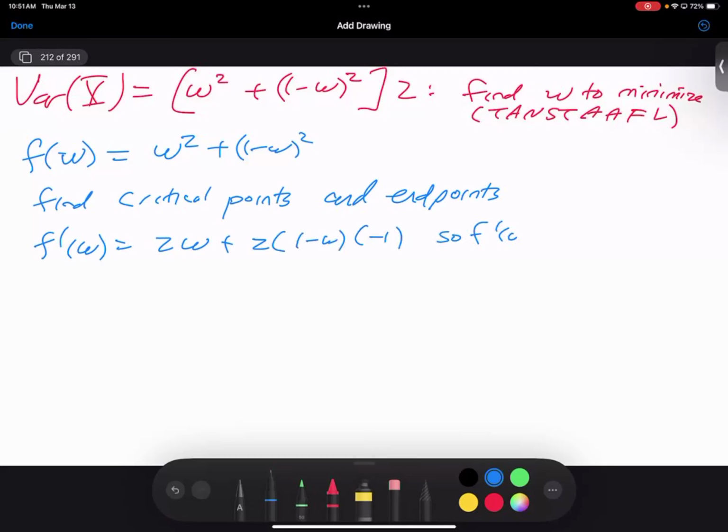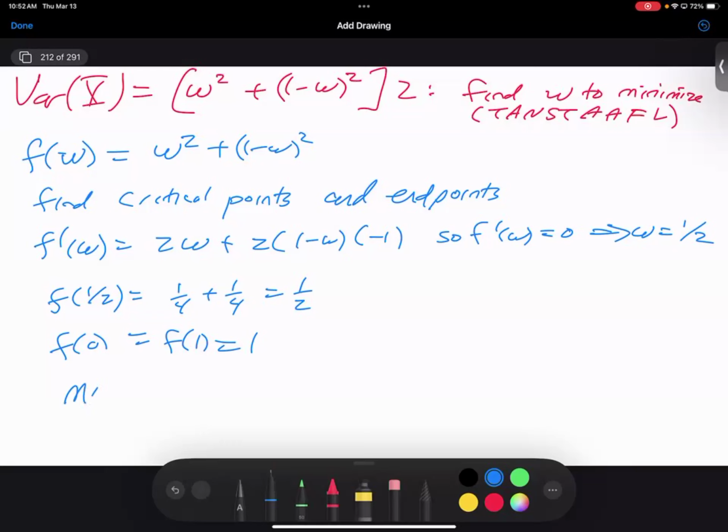So f prime of w equals 0 implies w equals 1/2. I'll let you do the algebra. So f of 1/2 is going to be 1/4 plus 1/4 equals 1/2. f of 0 equals f of 1 equals 1. Minimum is at w equals 1/2.